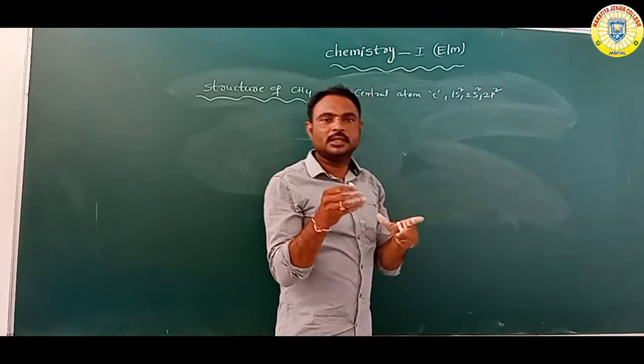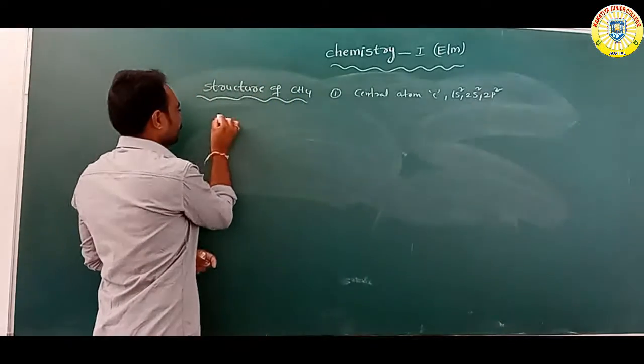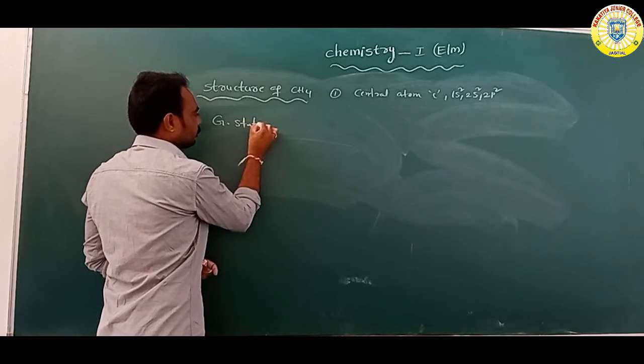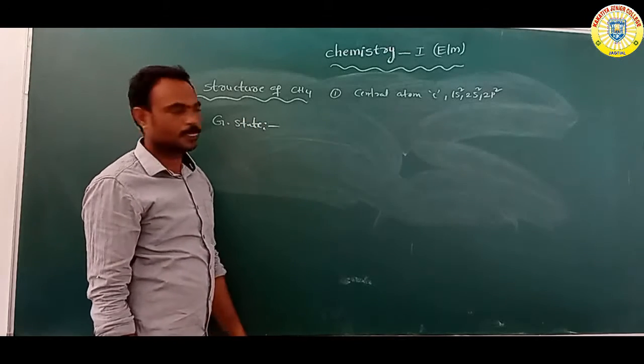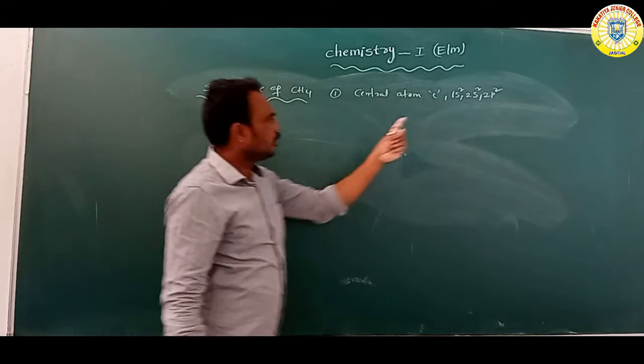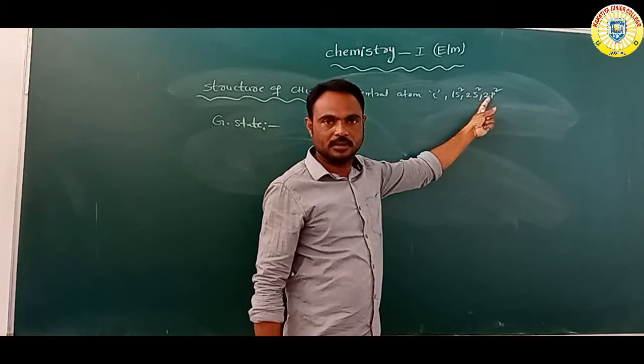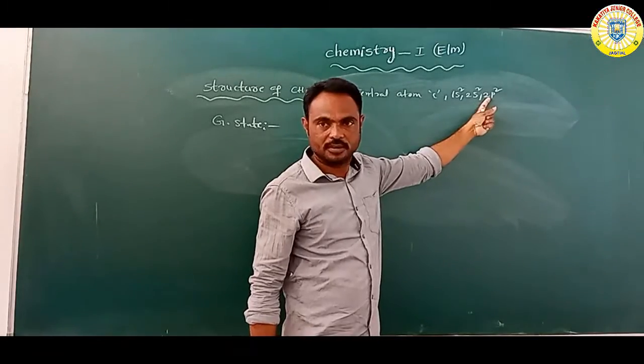So we write the ground state. 2s2 2p2 is the outer shell or valency shell.